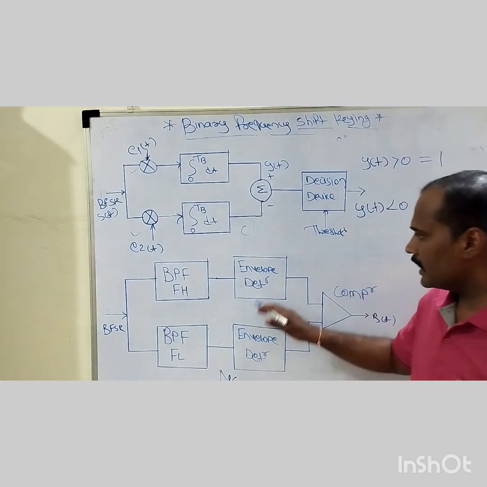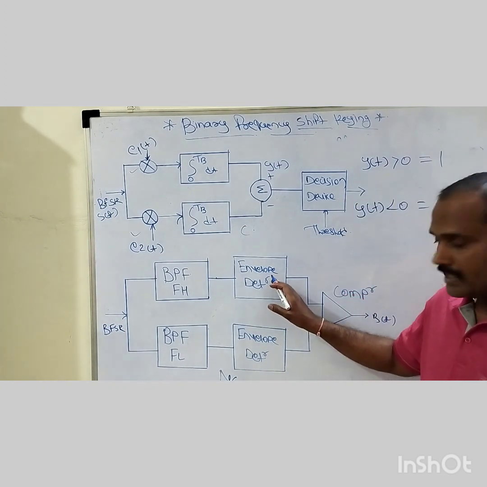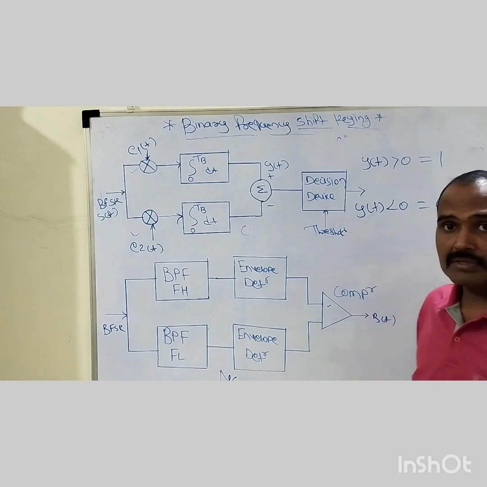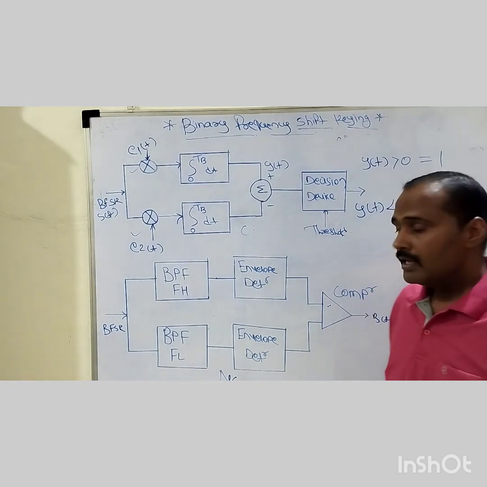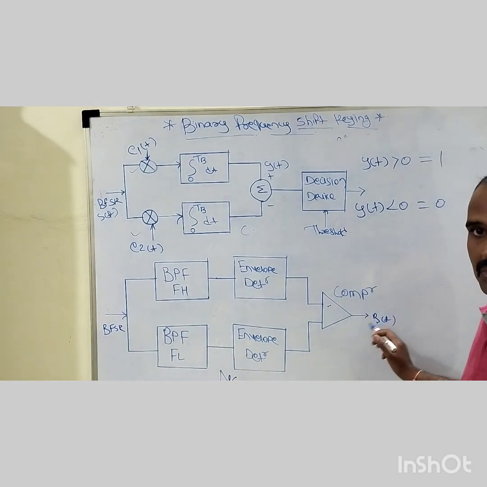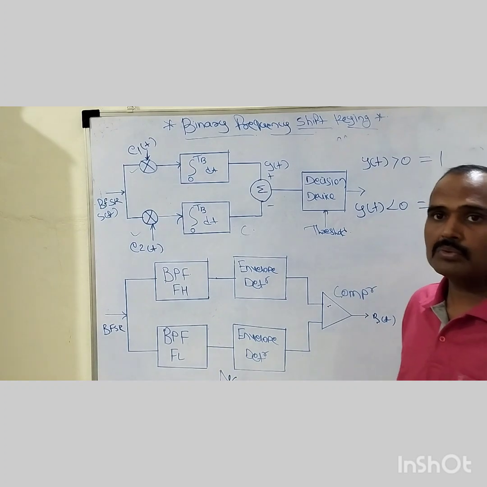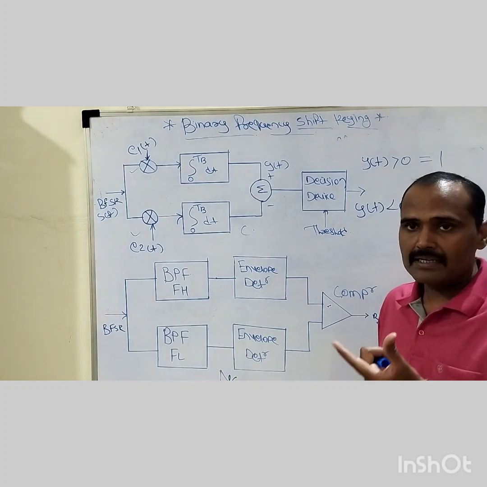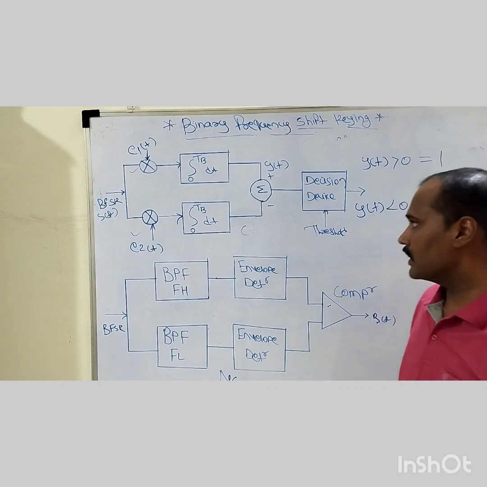Then it is given to the envelope detector, and the outputs of the two envelope detectors are given to what can be called a unipolar comparator, right? Based upon this comparison, we can extract the original symbol sequence which was given to the input of the binary frequency shift keying modulator or generator, right?